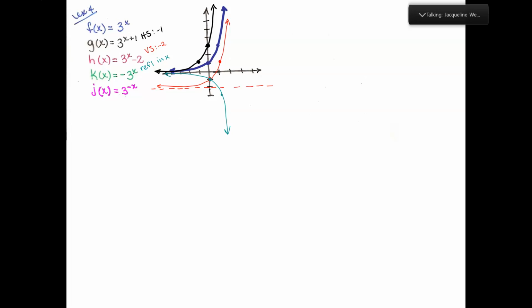All right, and then for our last one, we actually have 2 different ways that we could think of this fuchsia one down here. So when you look at 3 to the negative x, how could you approach that? Okay, so you could think of it as 1/3 to the positive x, absolutely.